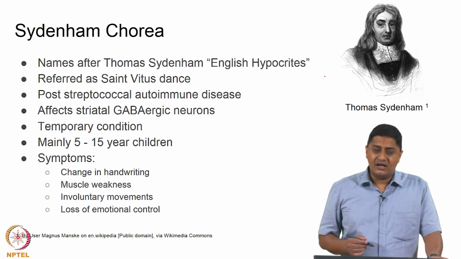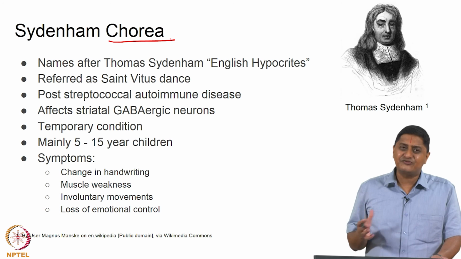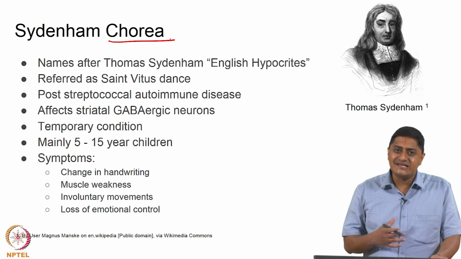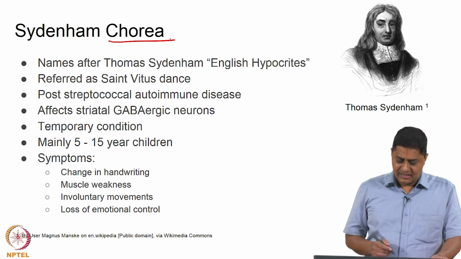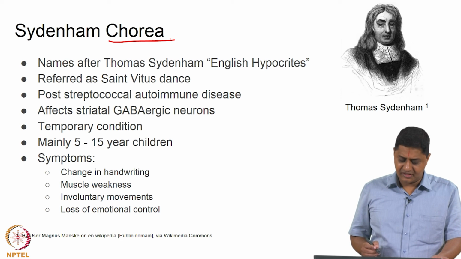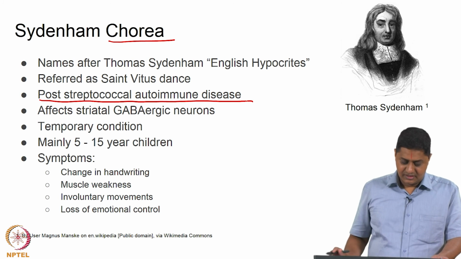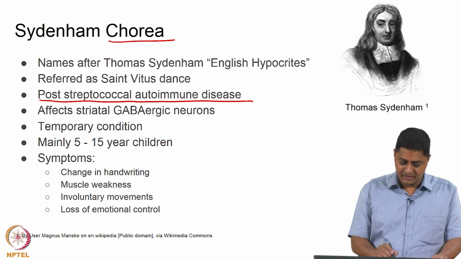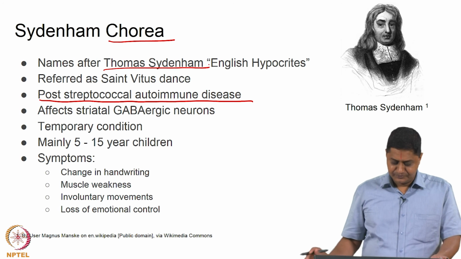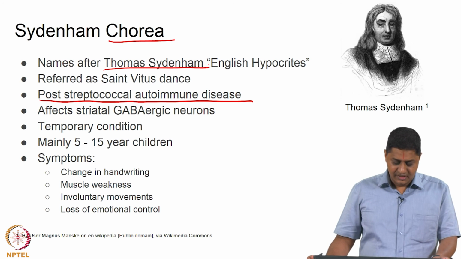Then another disease is chorea, which involves dance-like movements, occurring as an after effect of rheumatic fever or post streptococcal autoimmune disease. It is named after Thomas Sydenham. Fortunately it is a temporary condition.